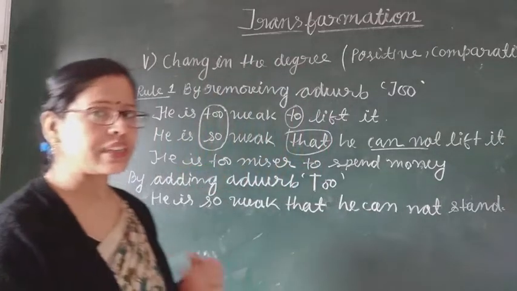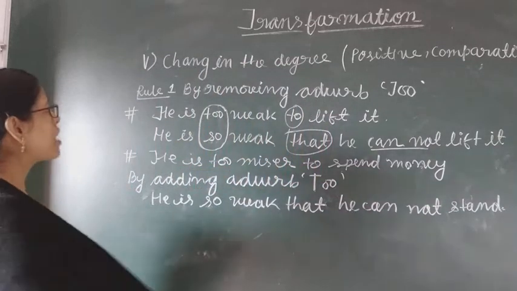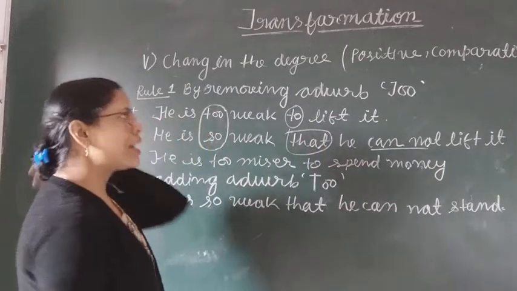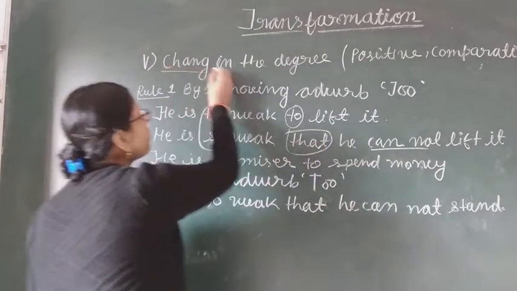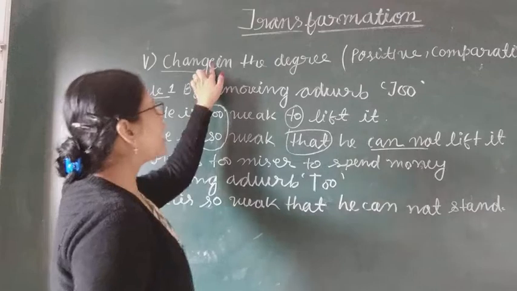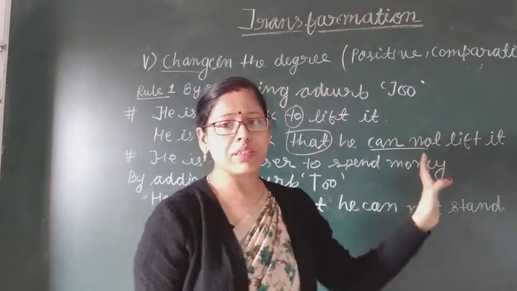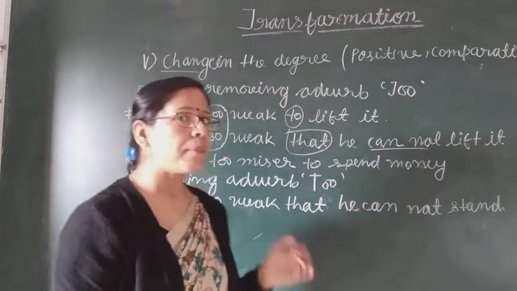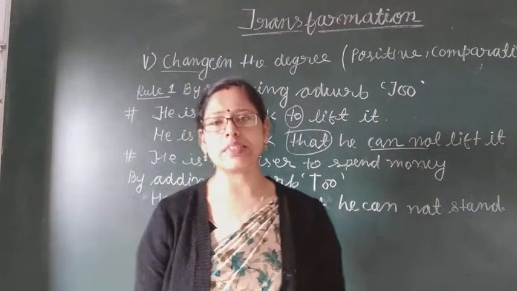So let's begin. Today I am ready with rule number first. Apart from that, there is also another, the fifth rule: change in the degree. That means you can transform sentences by changing into different degrees.